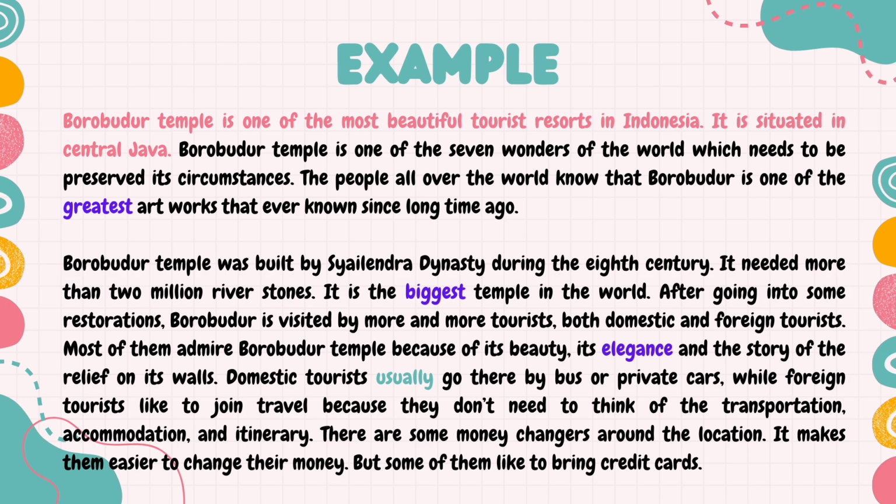The next one, the blue or purple one. What kind of language feature is that? Yes, it's the adjective. So, greatest from the word great. Yes. The next one, biggest from the word big. And the last one is elegance, or elegant.